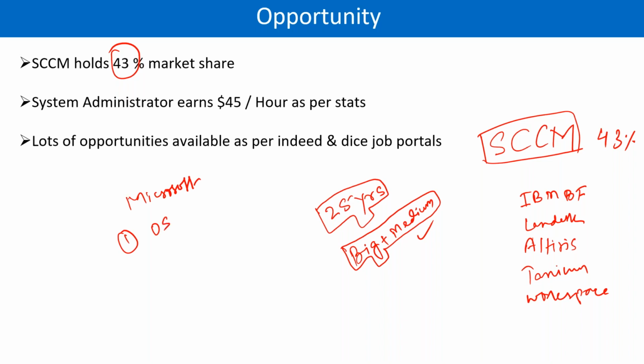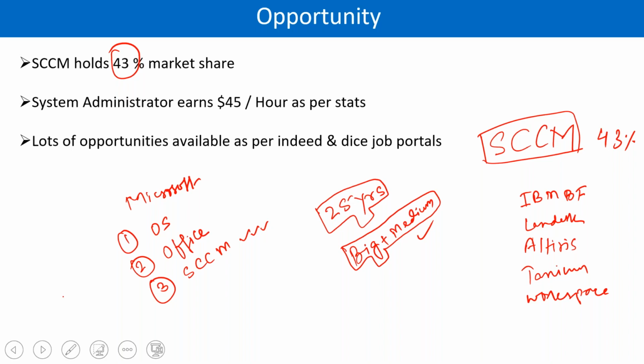Second, Microsoft is selling Office, the application like Office 365 or Office 2019 or Office 2016. Third is SCCM. So this is the third largest selling product of Microsoft, deployed hugely all over the globe, wherever you go.